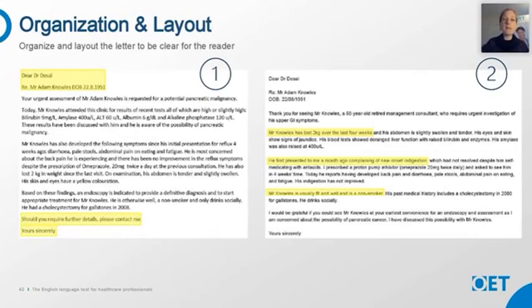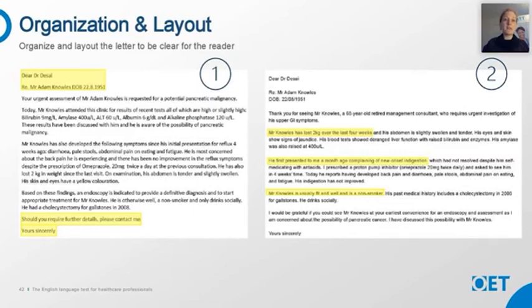As well as getting the paragraphs in the right order, you also need to make sure within each paragraph, the most important information starts the paragraph, the next most important comes in the next sentence, and so on. So the paragraph itself needs to be organised in order of importance. It may be useful, like you can see on the right-hand example, to use a time or topic phrase to start each sentence to help the reader know the direction you're taking, but this isn't necessarily essential.